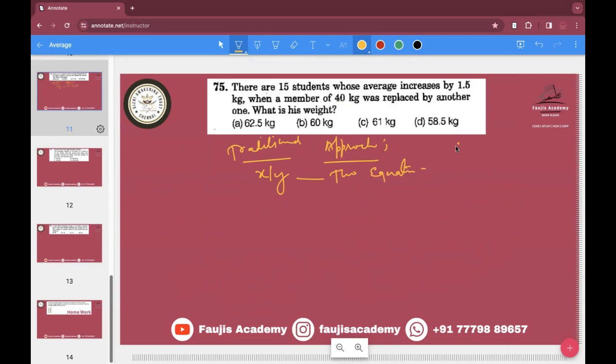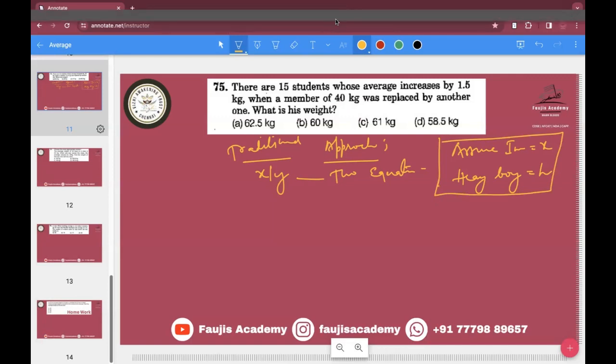Assume the initial average as X and the heavy boy as H. Now using these two, try solving it by yourself.